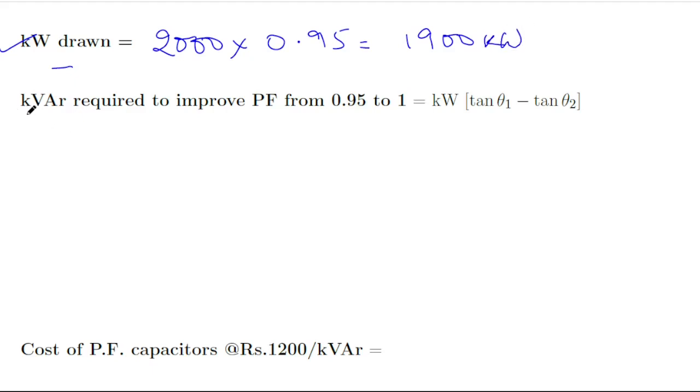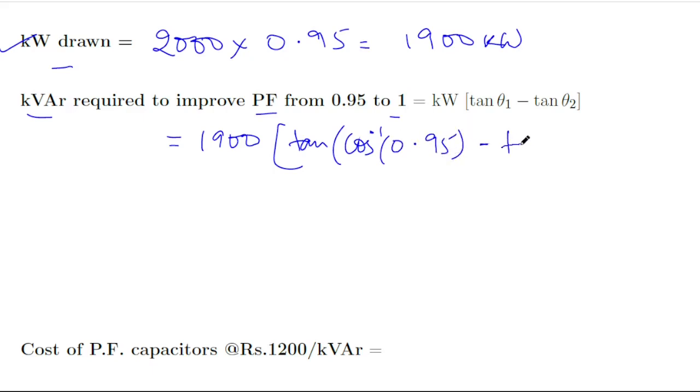Next is to find out the kVAr required to improve the power factor from 0.95 to 1, which we have read earlier also, which is equal to active power multiplied by tan theta 1 minus tan theta 2, which is tan of cos inverse 0.95 minus tan of cos inverse of 1.